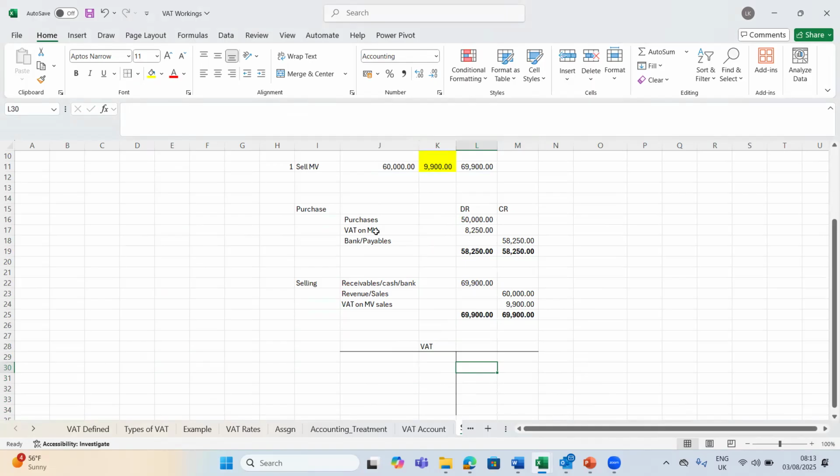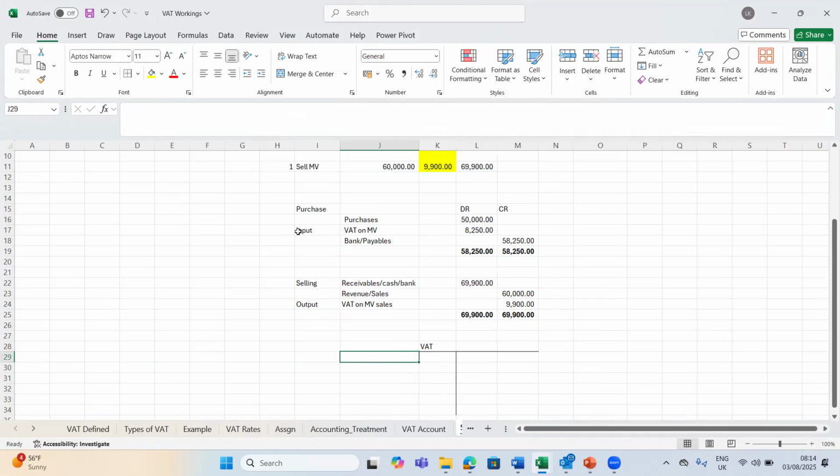So what are we saying here? The purchase. What are we debiting? We're debiting VAT. So this VAT is what? Is input, and this VAT is what? Output, because it is on sales. So what will happen to this T account?